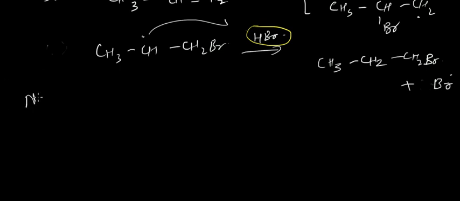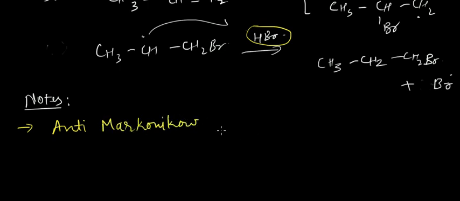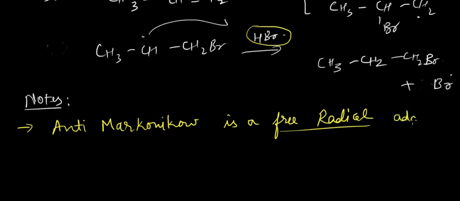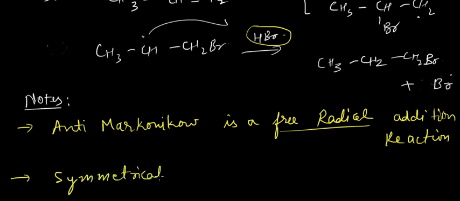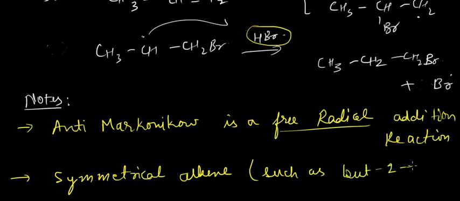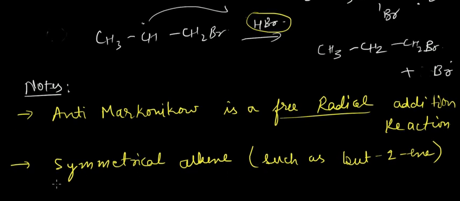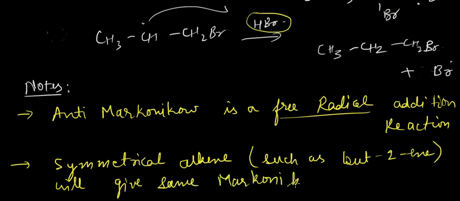Okay, so some notes here: anti-Markonikow is a free radical addition reaction, and second point is symmetrical alkene such as butene will give same Markonikow and anti-Markonikow products.